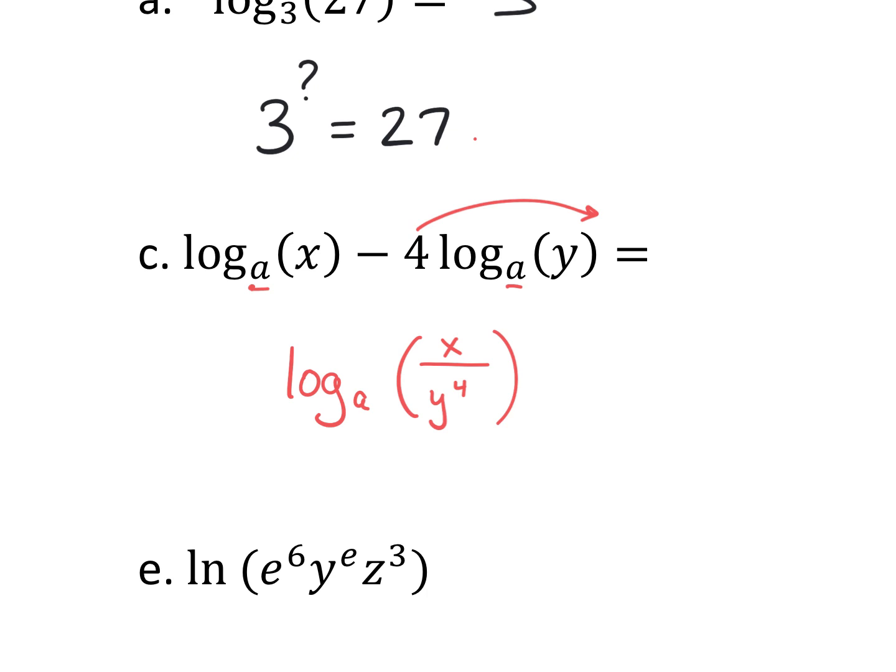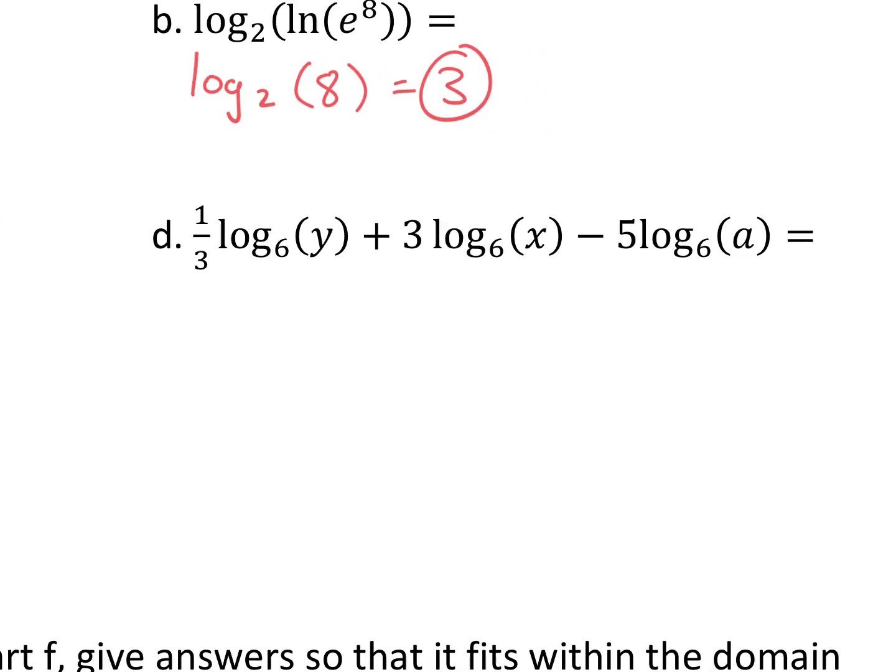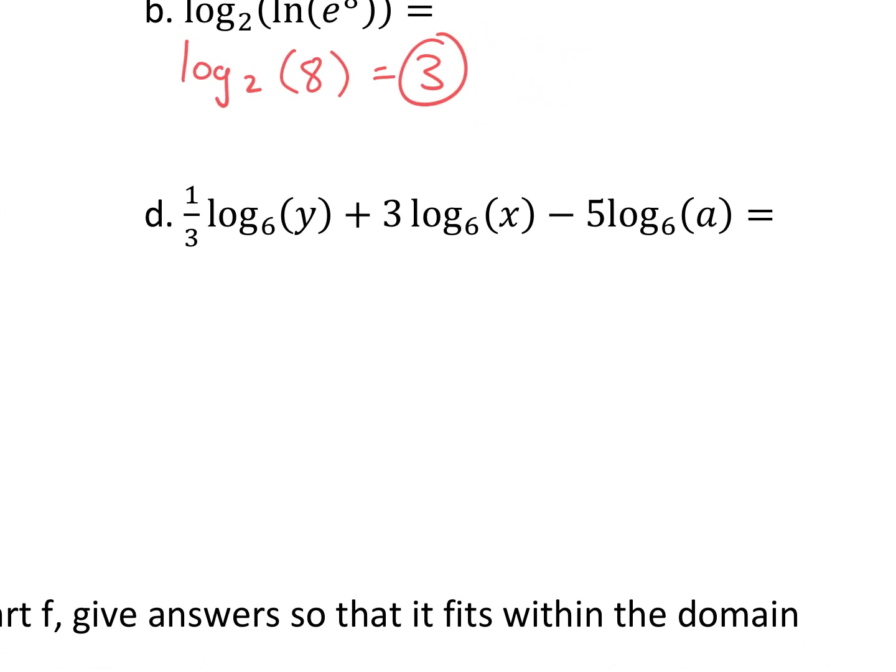Moving on to problem D. This is a problem where we are, again, going to be condensing. I have, in all three cases, a log base 6. So I know the result of this is going to be log base 6. Any positive values are going to end up in my numerator, and any negative values in my denominator. So I can see that my first two terms are going to be positive.